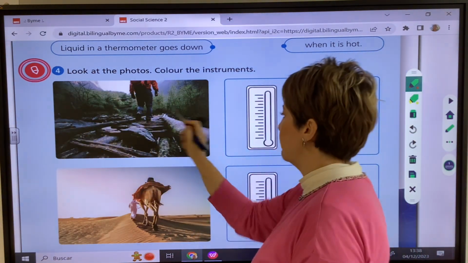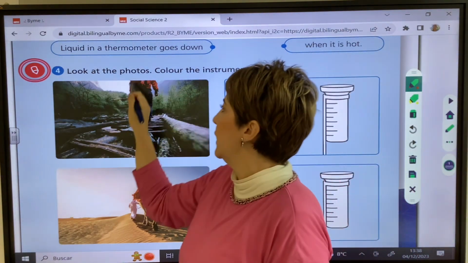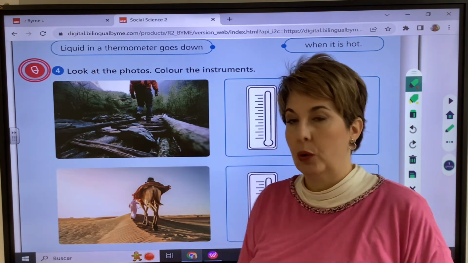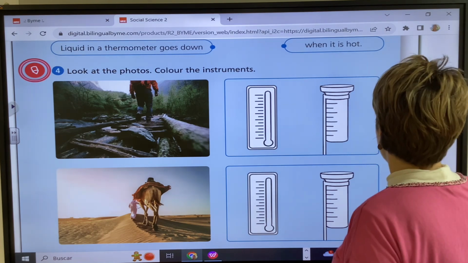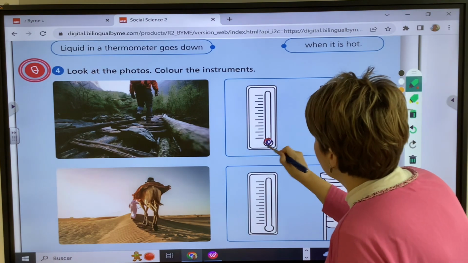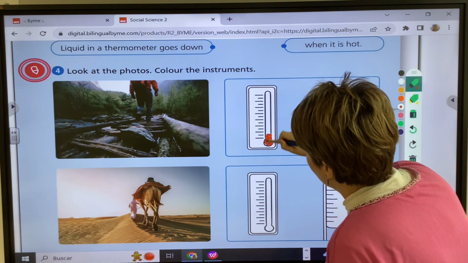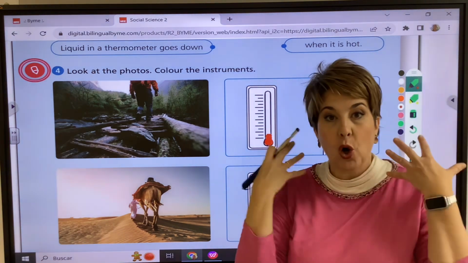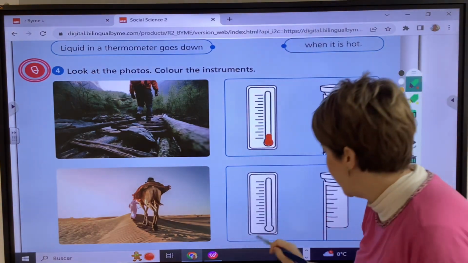Yes, it's raining, or at least it's very rainy. And what do you think? Is it hot or cold? It's cold. So if it's cold, the thermometer goes down. It could be up to very little, up to here, for example, okay? And if it's hot, here in the desert, the thermometer goes up.